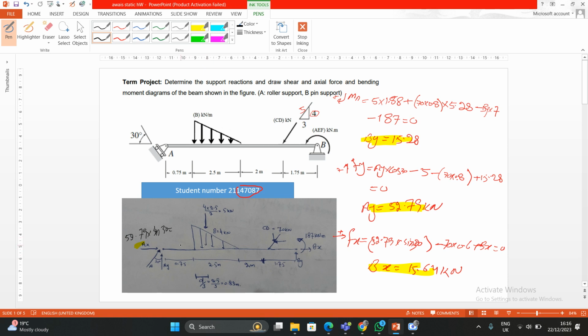But we can solve by the proportionality method, so cut here and then cut here and then cut here, or anywhere in between, so you can cut it three times and solve all the loads here. So let's see in the next video, because this video is going to be too long, so let's solve it in the next video, you will see.